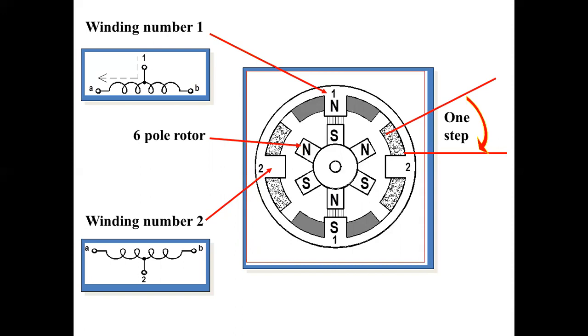Here we are considering that the stator is considered with a smaller number of coils, that is first coil and second coil. And the rotor, if you consider the rotor, is having 6 poles, 6 pair of poles.